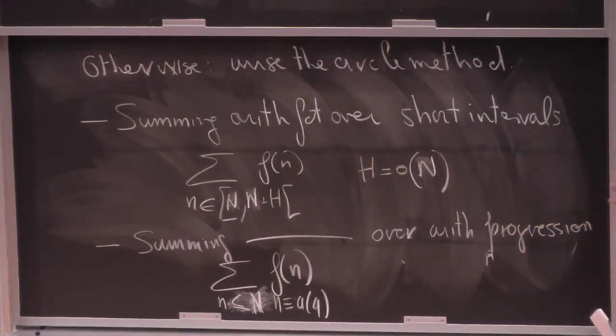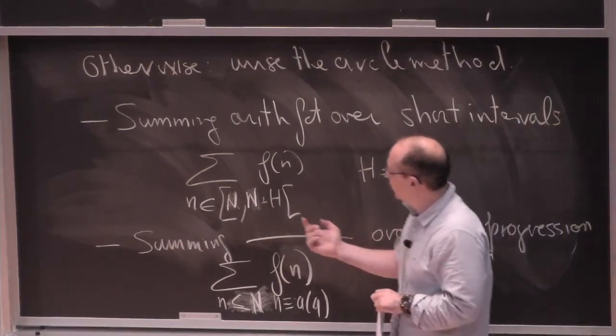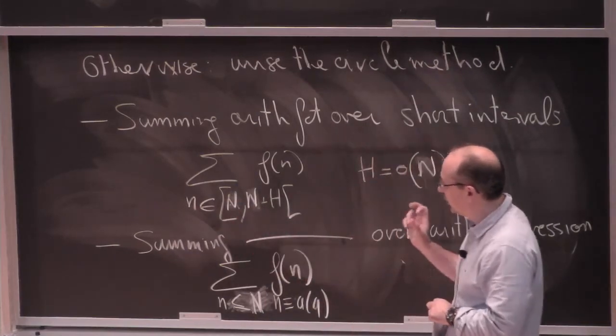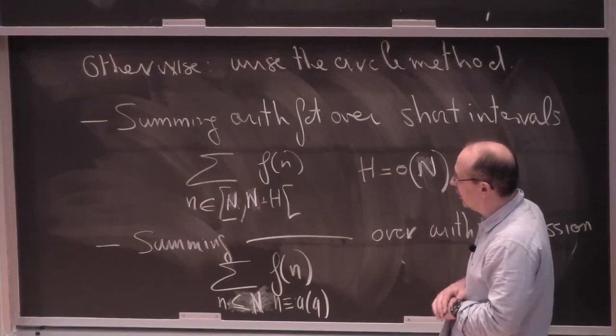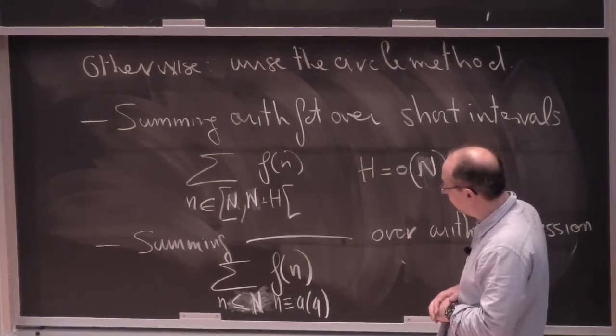Okay, and in fact, these two problems look different, but they are very similar. Here, you would like to restrict your integers to this small set, which is small relative to the Archimedean topology.